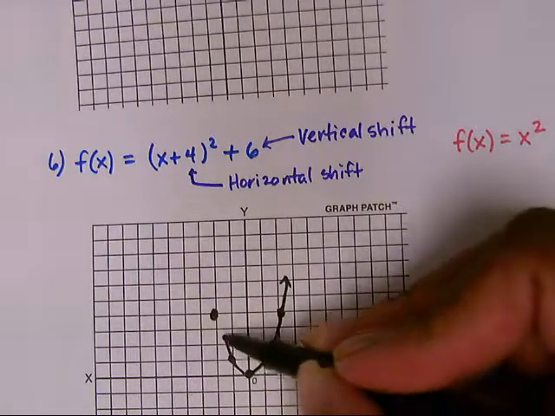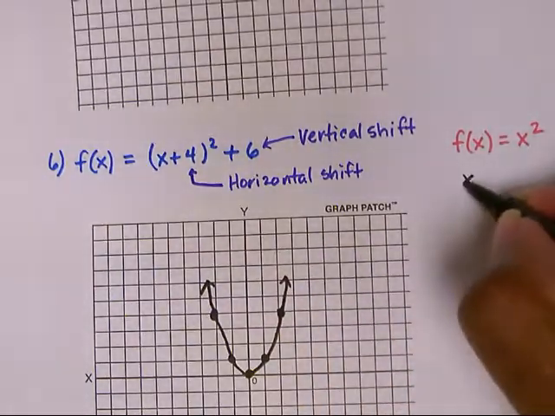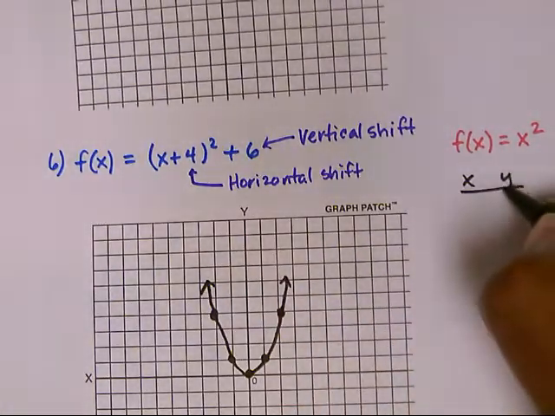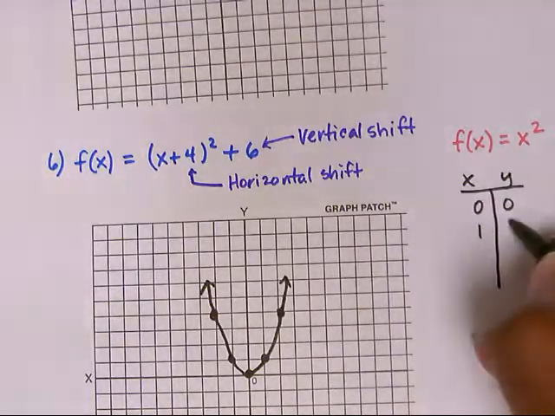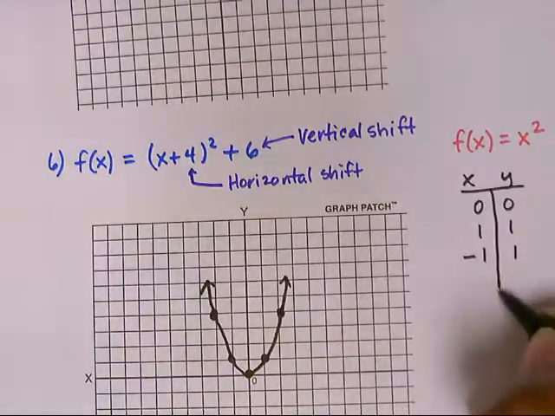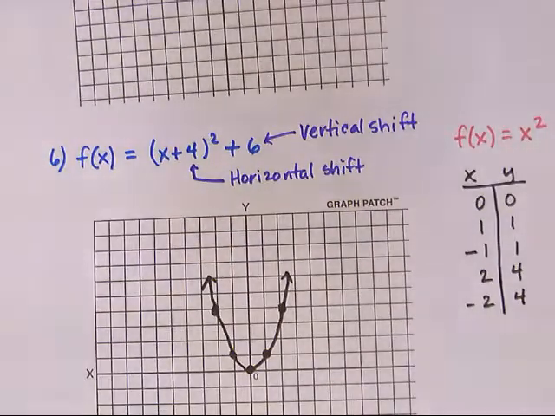So this is what that graph looks like. And if you want me to, I can go ahead and put in the table. For 0, that's 0. For 1, it'll be 1. Negative 1 is positive 1. At 2, 2 squared would be 4. Negative 2 squared is also 4. So that's the graph of y is equal to x squared.